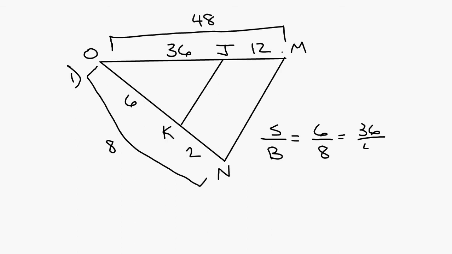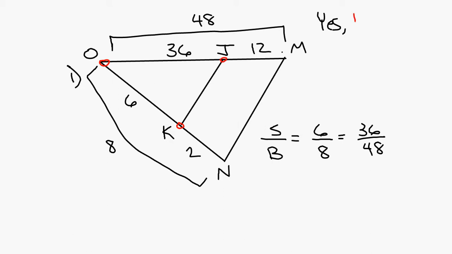So does 6/8 equal 36 over 48? I'm going to tell you it does, because 6 times 6 is 36, and 8 times 6 is 48. Agreed? So you don't really need to cross multiply that, do you? So they're proportional. So are the triangles similar? Yes. Write a similarity statement. I'm going to call the first triangle KOJ.